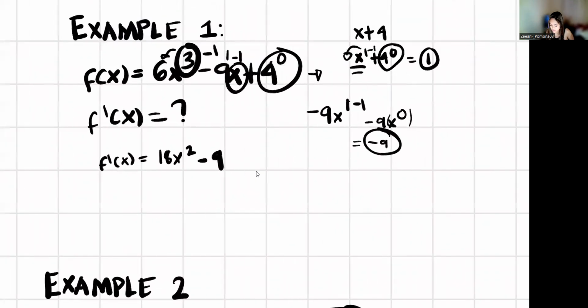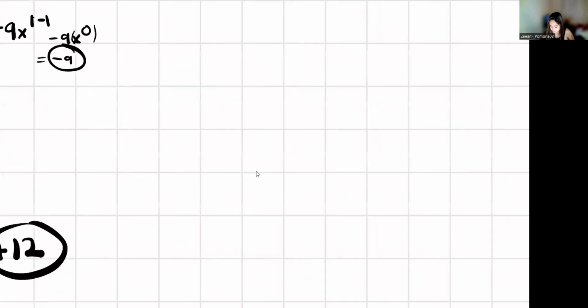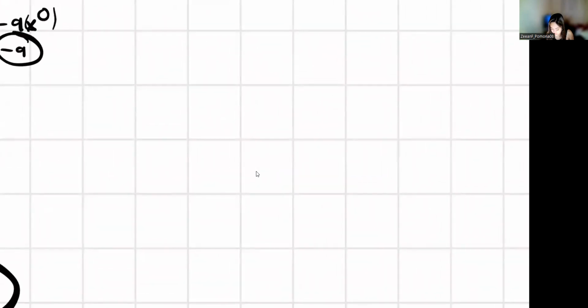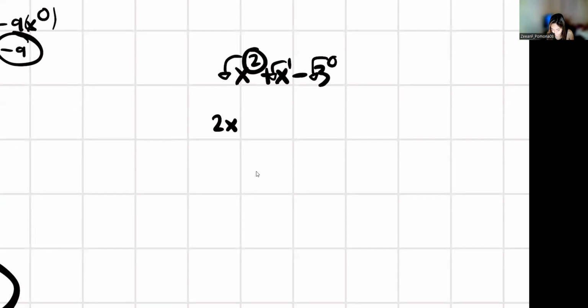So what are some of the things you need to remember? Well, keeping in mind that when you have x squared plus x minus 3, you would have to do the following. You multiply exponents as a coefficient, 1, and then 0. And such, you will get 2x plus 1.